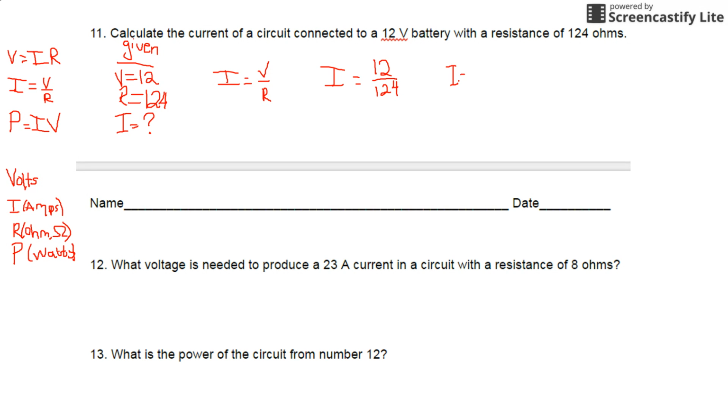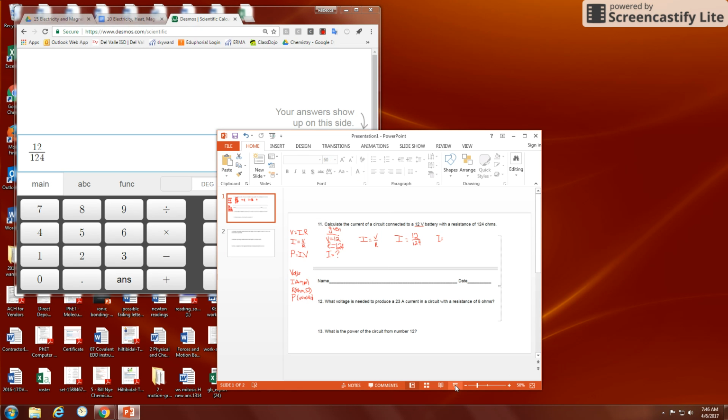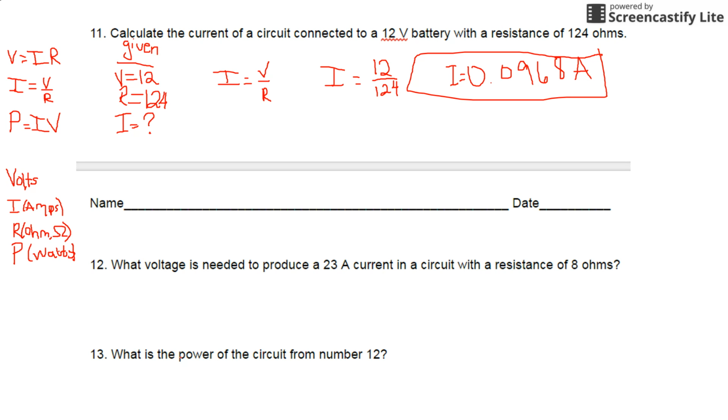Let me plug it in a calculator. 12 divided by 124 is 0.0967. I'm going to round it to 0.0968. For current, my units are amps. That is my answer.